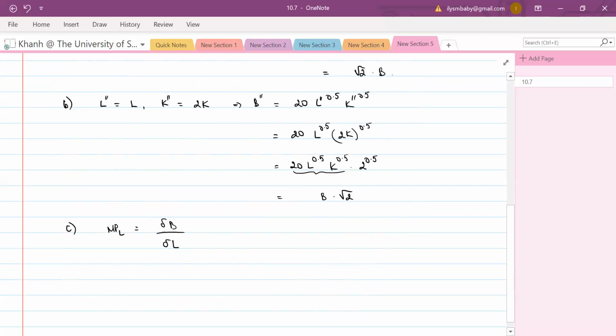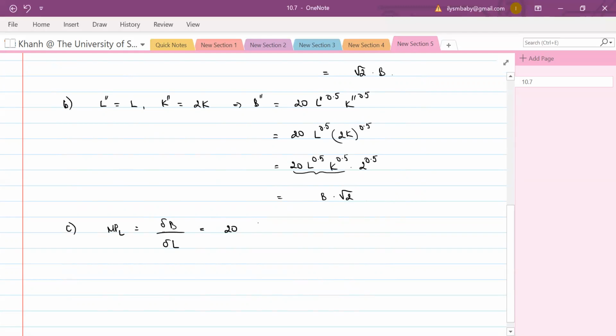We want to see if we increase labor by 1 unit, how is that going to affect our output? The extra amount of output that we receive from an extra unit of labor, or extra worker, is called the marginal product of labor. If I differentiate the production function with respect to L, I'll be treating K as constant. And so therefore it's going to be equal to 20.